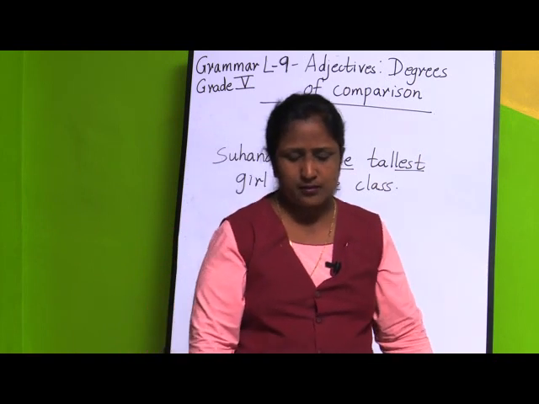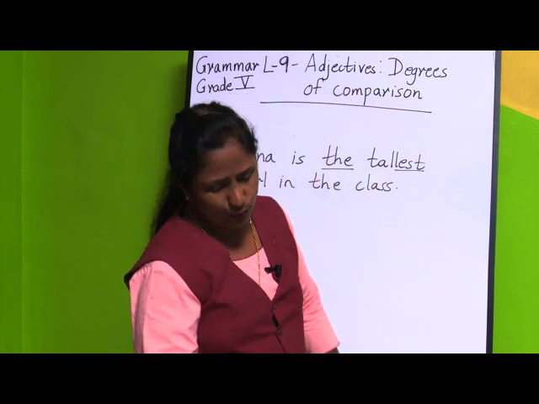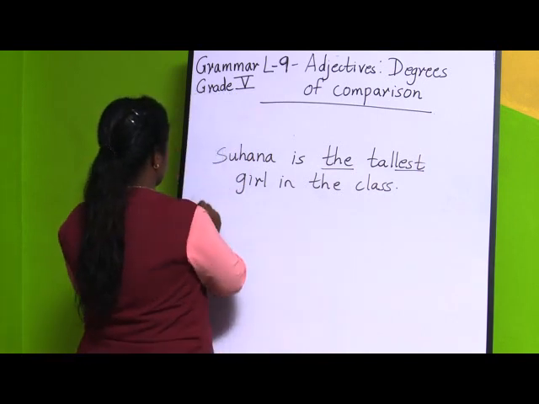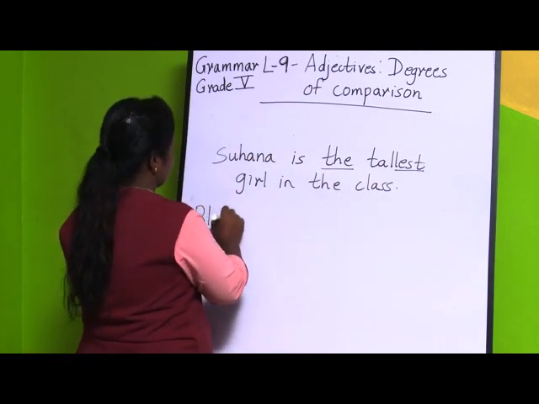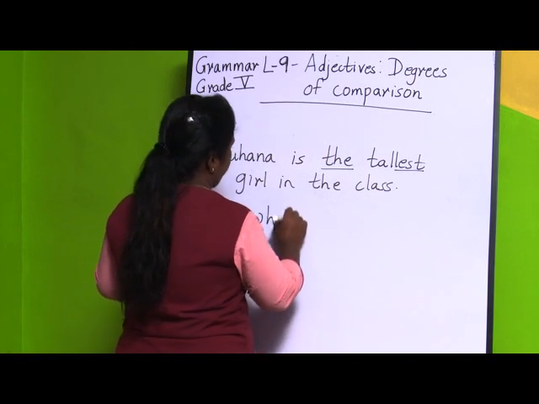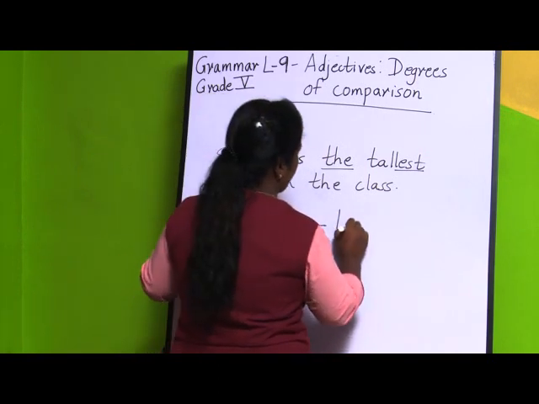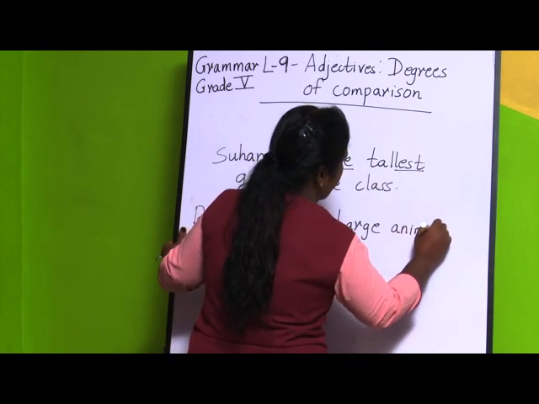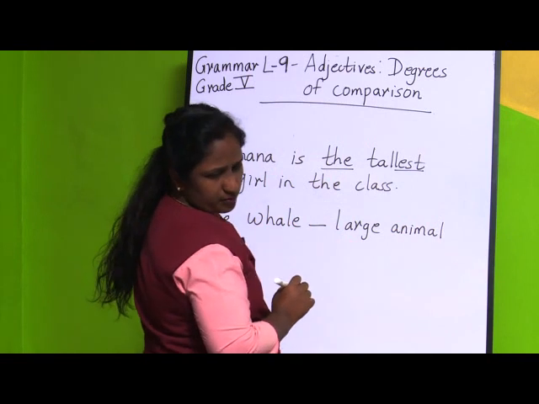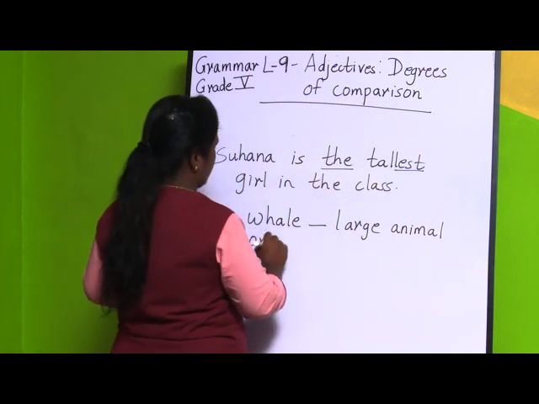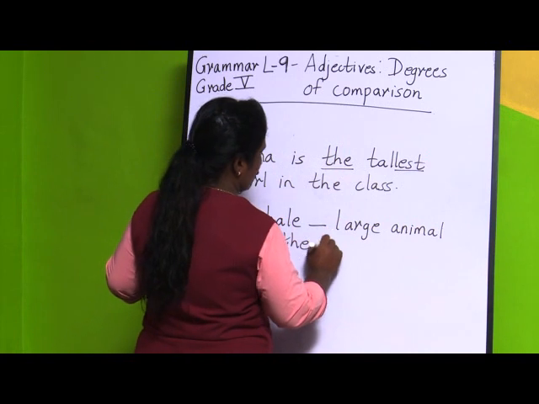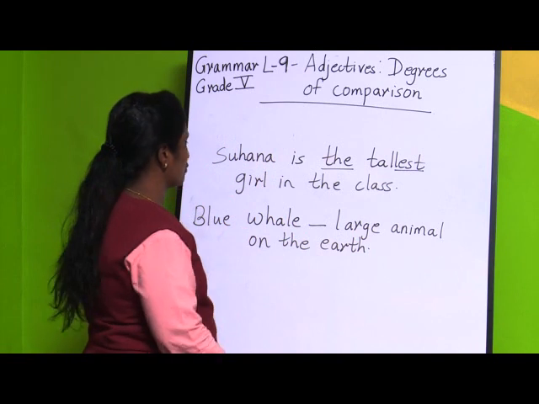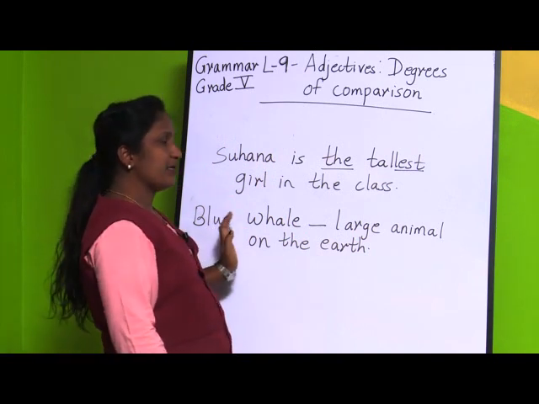If you take exercise D, you will be knowing: blue whale dash large animal on earth. See, blue whale, dash, large animal on the earth. So, here also you are going to add only the.